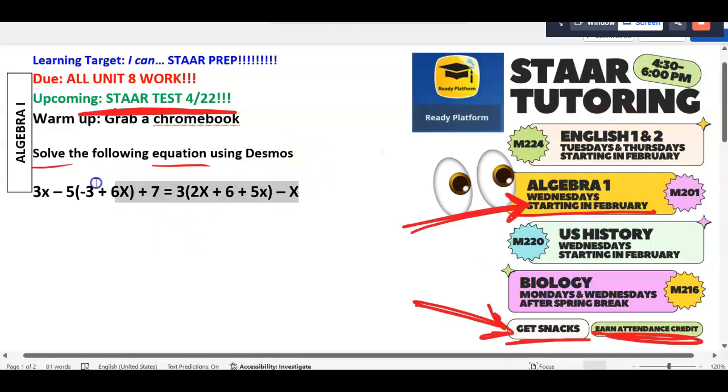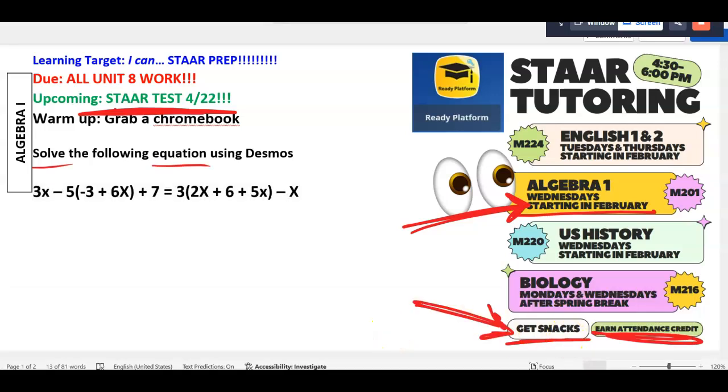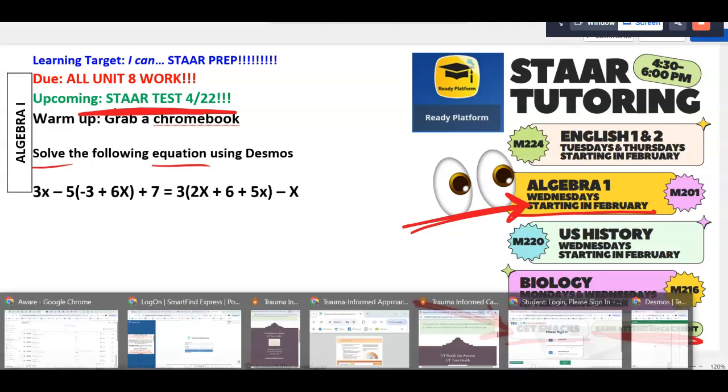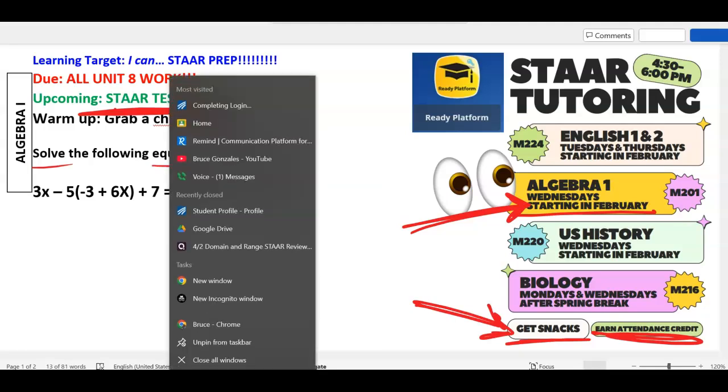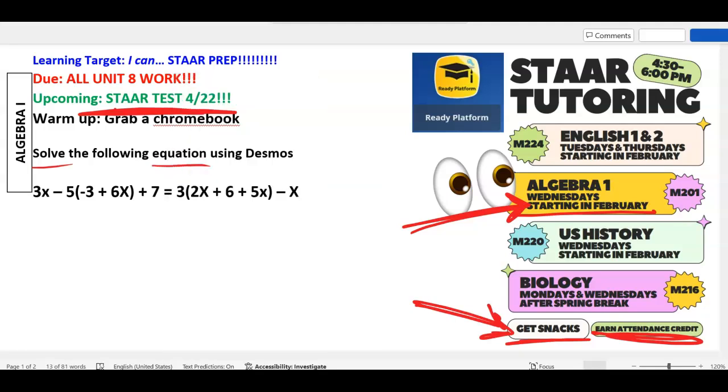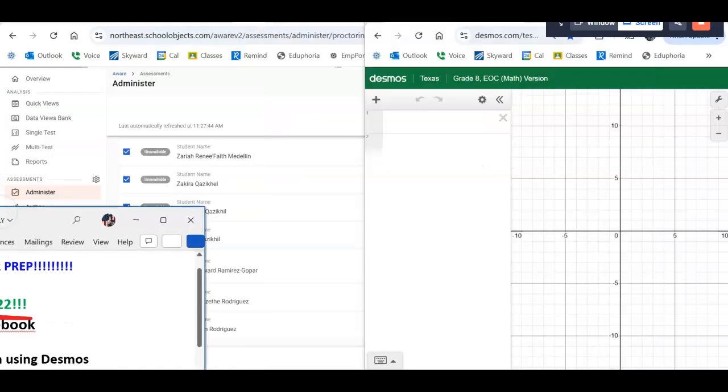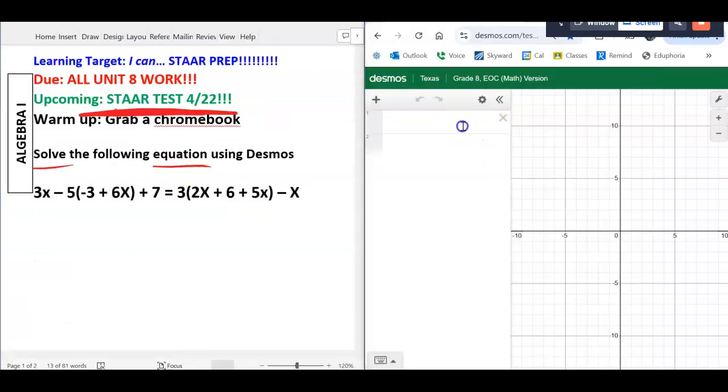If I take this and I copy it into Desmos, will it give me the answer? Let's find out.